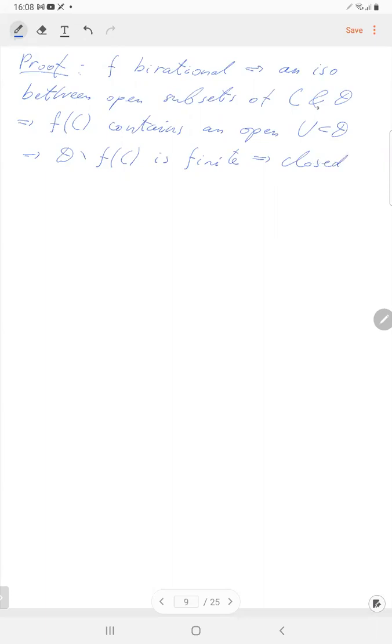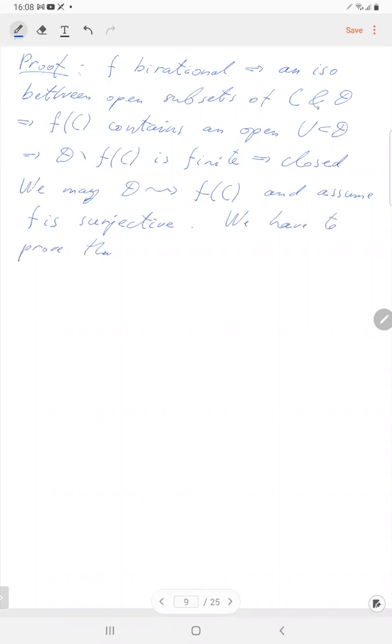And we may replace D by this image and assume that f is surjective. And then we have to prove that f is an isomorphism.